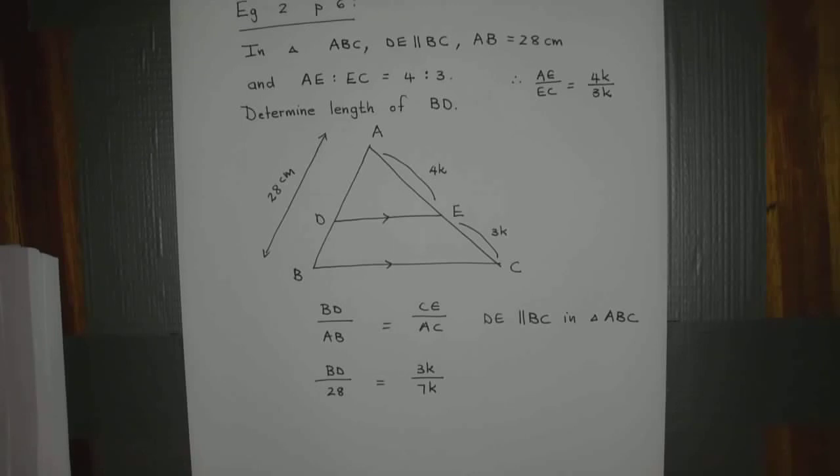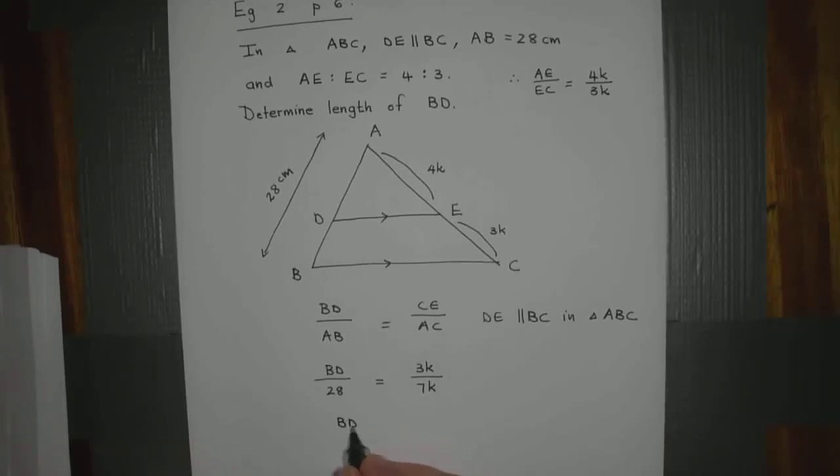And then I can go and say BD over 28 is then equal to 3 over 7, and now I can multiply both sides by 28. And I can say 7 goes into 28 4 times, and 3 times 4 is 12.